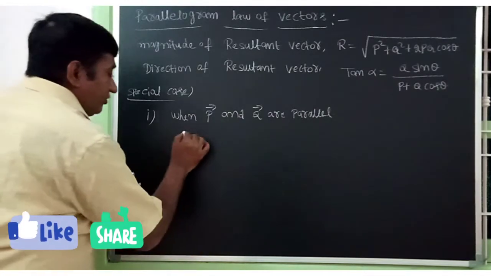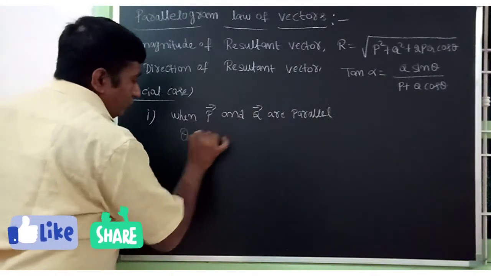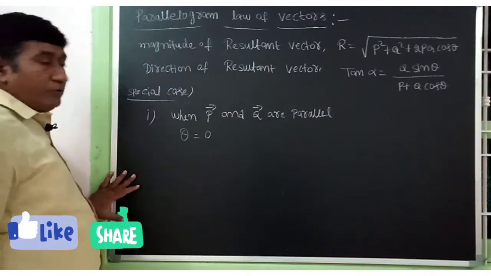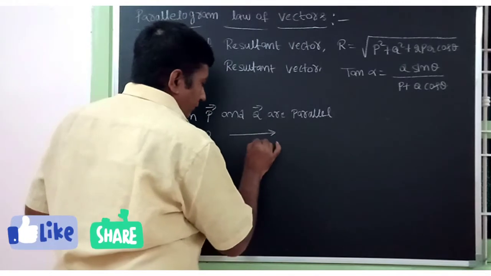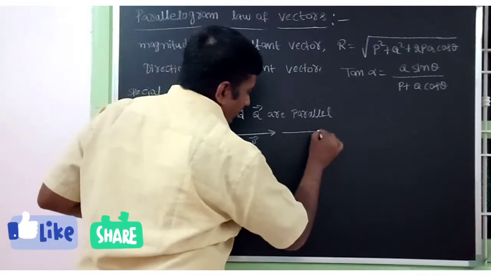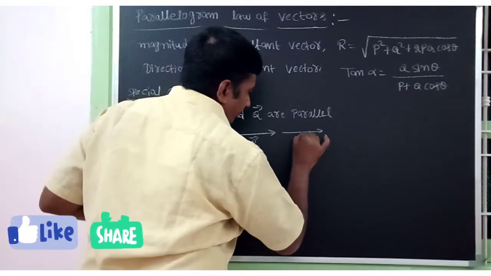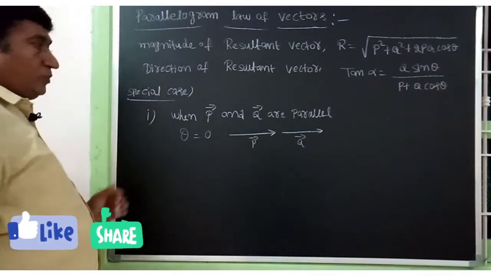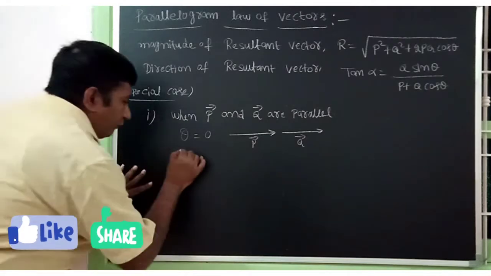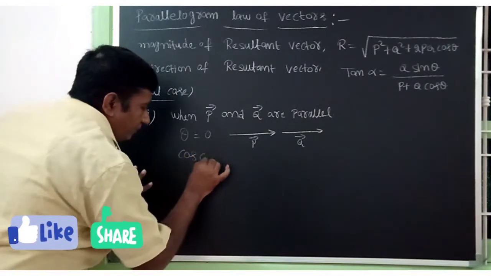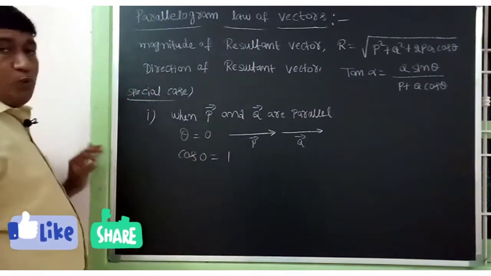The angle between them is theta equals 0. If this is a p vector and this is a q vector, the angle between them is 0. Then what's the value of cos 0? Cos 0 is nothing but 1.